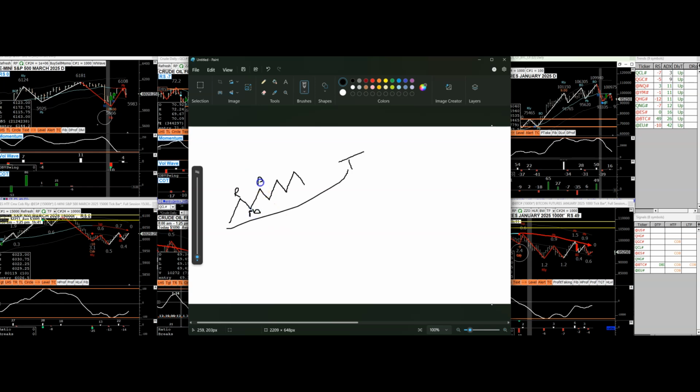You have rally, you just put a P for pullback, rally, pullback, rally, pullback. So you have one, trend, two, rally, three, pullback, right?